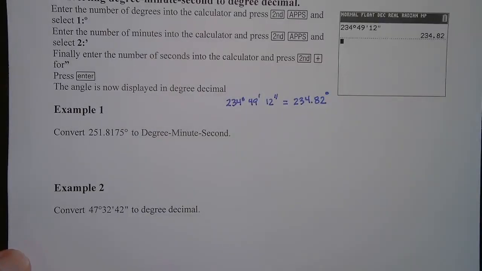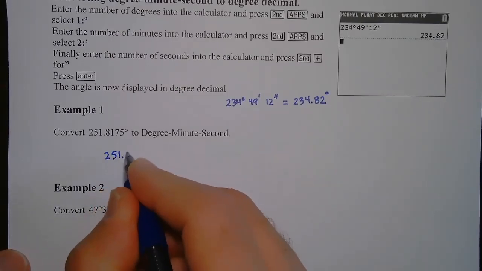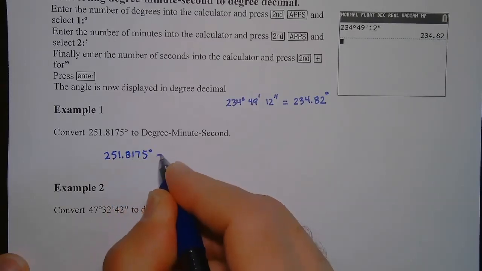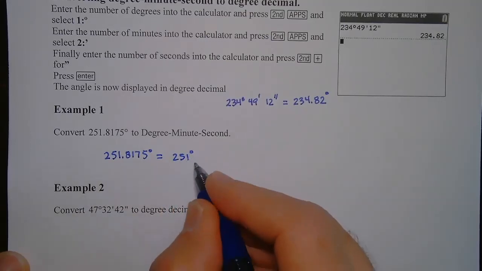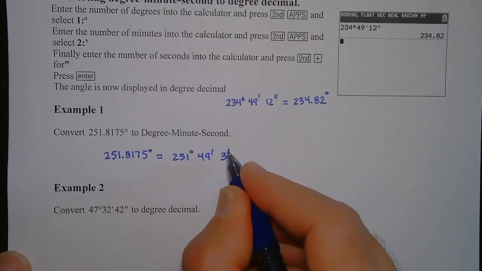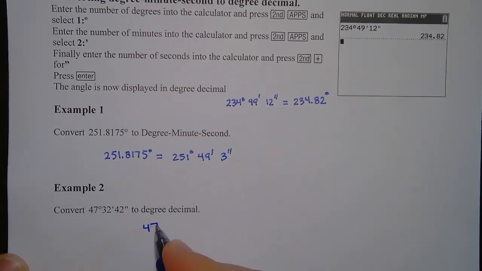All right, so from our calculator, we know that 251.8175 degrees is equivalent to 251 degrees, 49 minutes, and 3 seconds. And then 47 degrees, 32 minutes, 42 seconds is equivalent to 47.545 degrees.